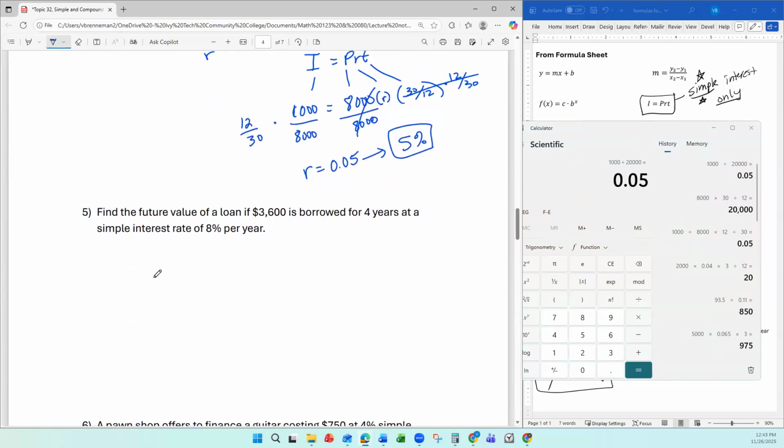And number 5, find the future value of a loan. If 3,600 is borrowed, that's P, for 4 years, that's T. Simple interest means we're using I equals PRT, at a rate of 8%, R is 0.08.